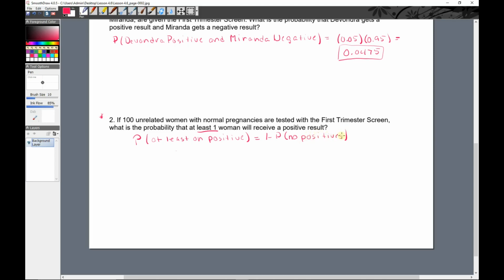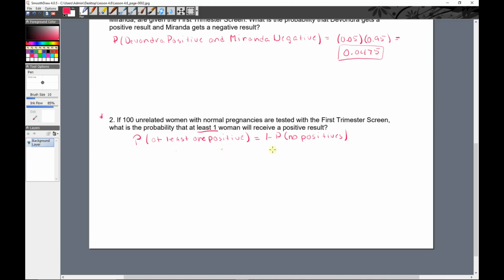In other words, that all 100 women are negative. There's only one way that can happen. All 100 would have to be negative. If we subtract that from 1, then what's left over would be the probability of at least one positive.